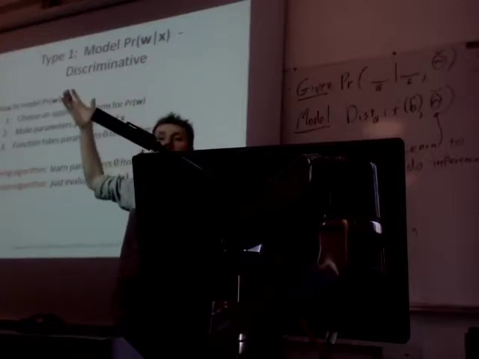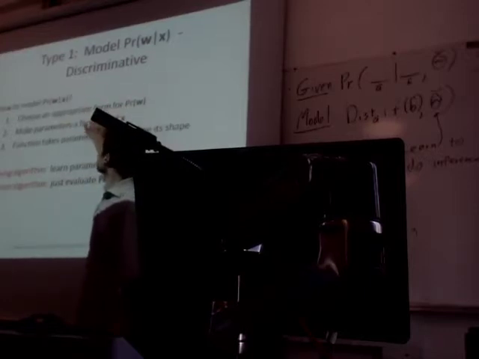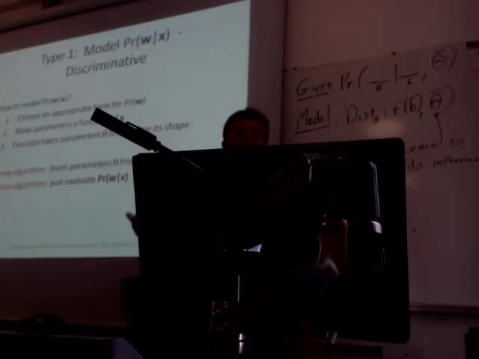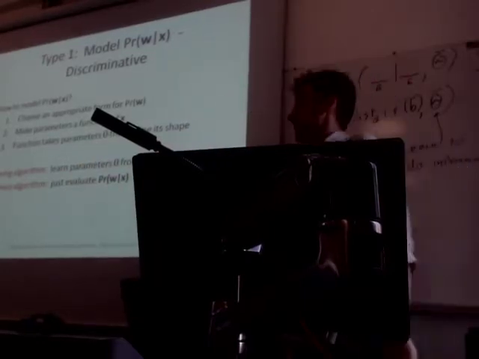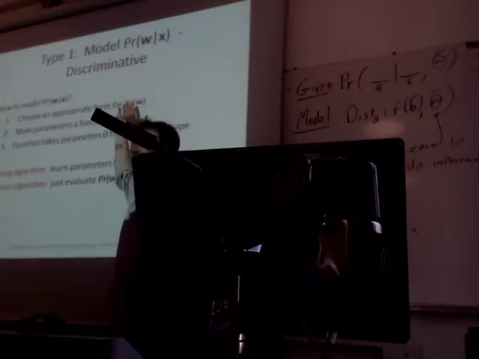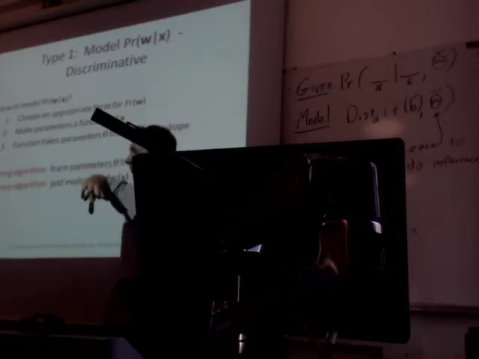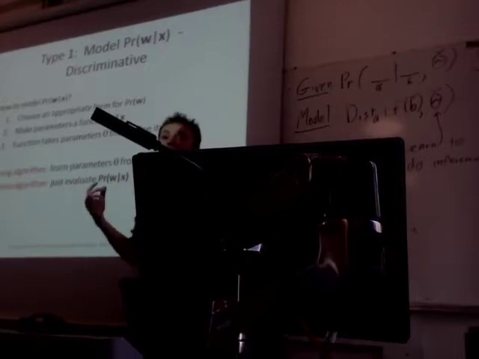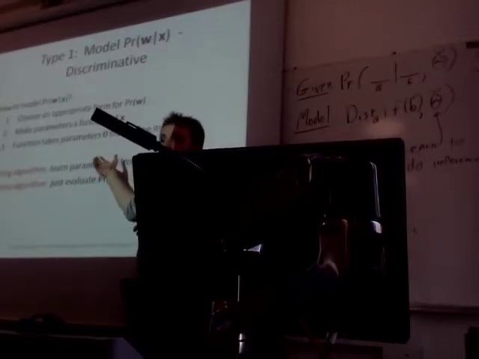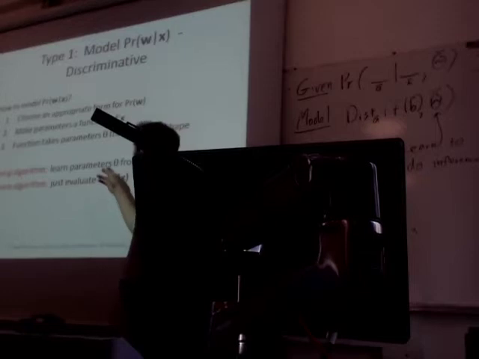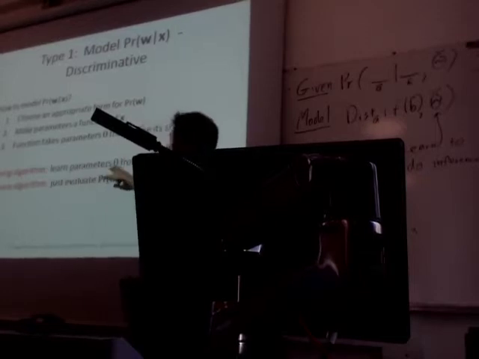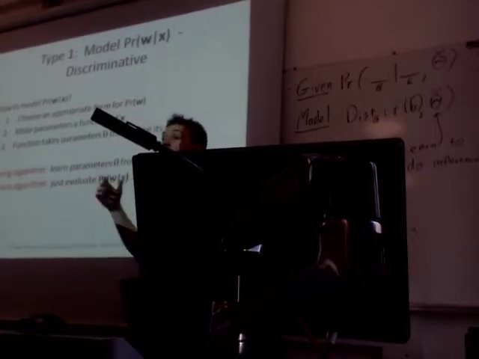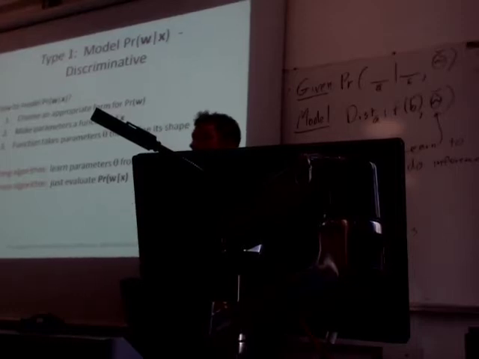I could make up a distribution here for the first step. Maybe I'll choose a Gaussian distribution. But if the probability of the world isn't Gaussian, or if it is Gaussian but I don't do a good job of associating where the bump is, where the mean of the Gaussian is, with respect to the data X, this isn't going to be a very useful model, is it? So I need to make sure that, at the learning stage, I fit the parameters theta to bring the model in as close an alignment as possible to the data.